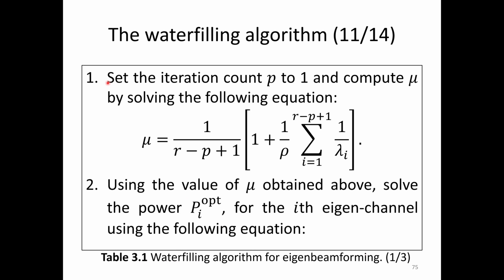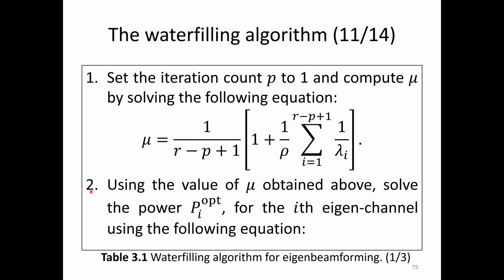First, set the iteration count p to 1 and compute mu by solving the following equation. Mu is equal to 1 over r minus p plus 1 times 1 plus 1 over rho times summation I is equal to 1 to r minus p plus 1 of 1 over lambda I.